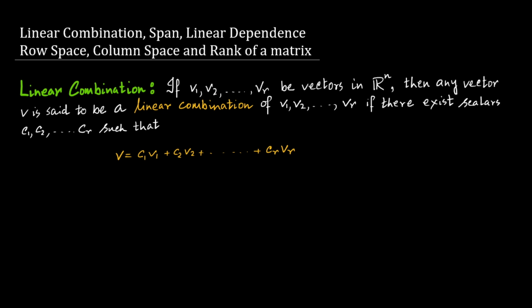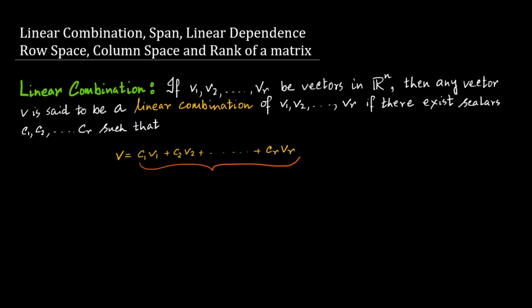In other words, linear combination of the vectors v1, v2, etc. vr is any combination of this form c1 v1 plus c2 v2 plus etc. plus cr vr, where this c1, c2, etc.